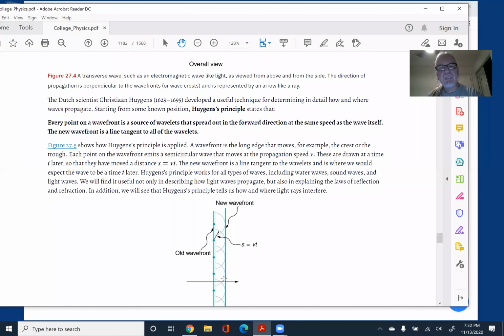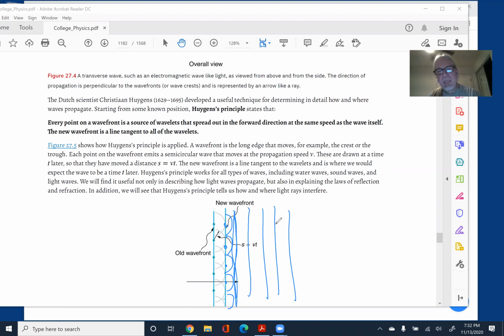We can take, for example, from where we were, draw a new set of wavefronts originating at every point in the old wavefront, and we generate a new wavefront later on. So it's going to be a sequence of parallel lines, just as we had seen in the previous picture.